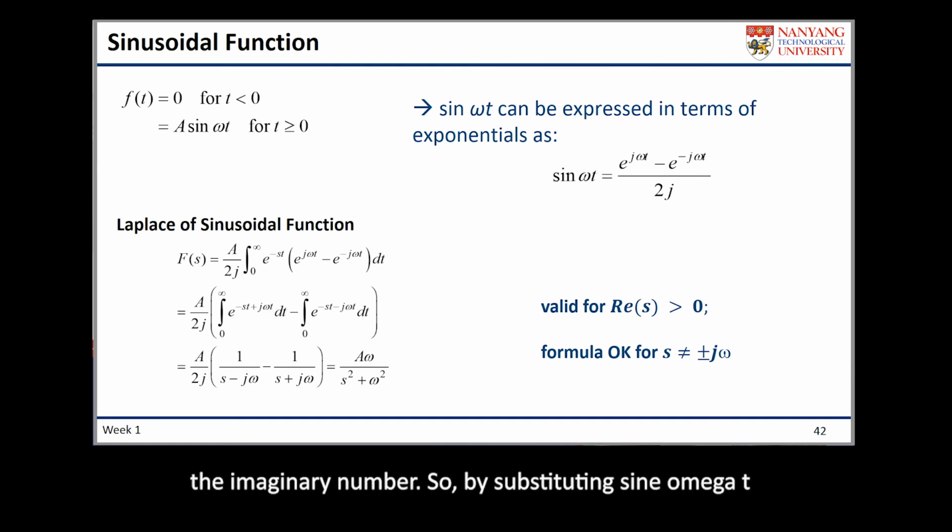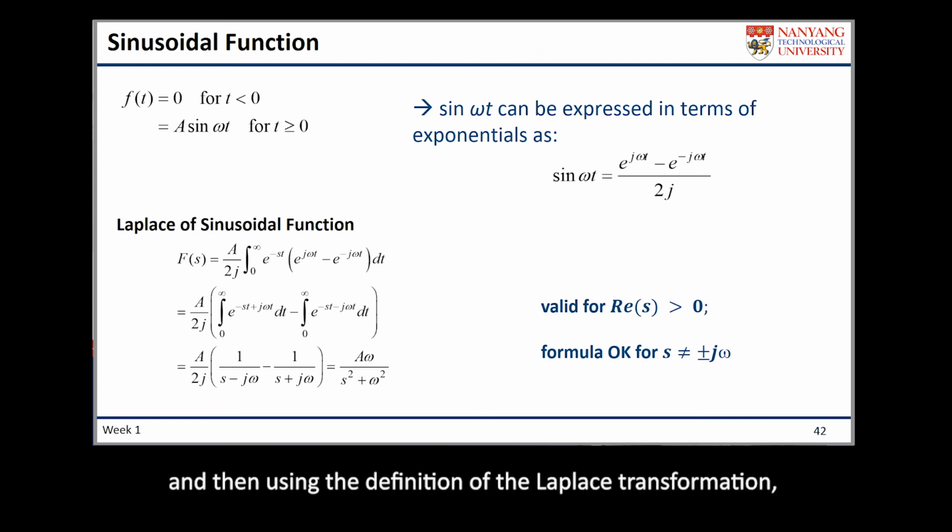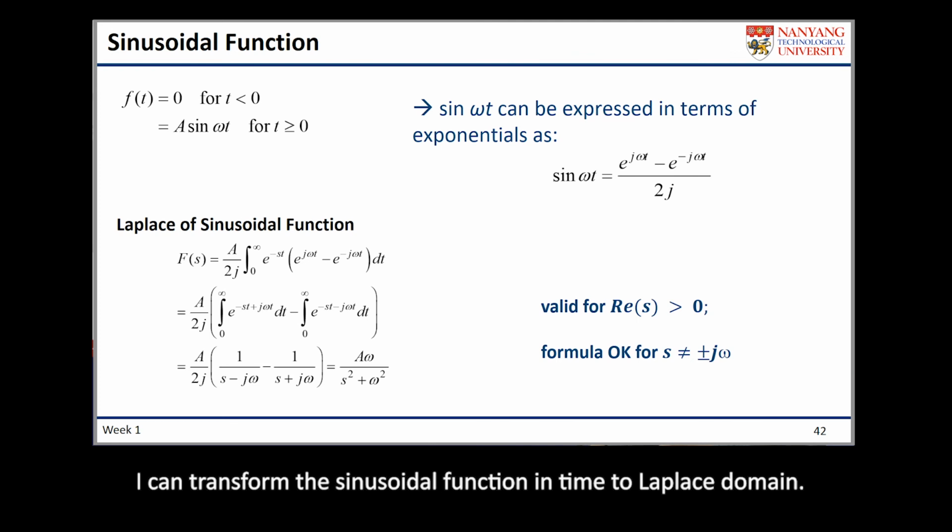So by substituting sine omega t with this expression, and then using the definition of the Laplace transformation, I can transform the sinusoidal function in time to the Laplace domain.